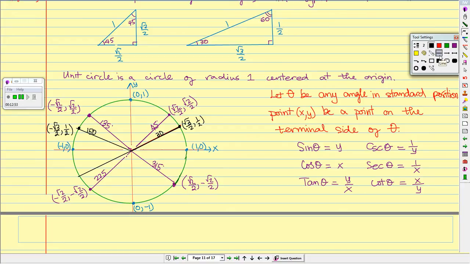So now I have the line where the terminal side of that 210 degree angle intersects with the circle. Now we write out the point. The point x and y in quadrant 3 must be both negative, so I insert the negative in front of my two numbers from quadrant 1: negative square root of 3 over 2, negative 1/2.